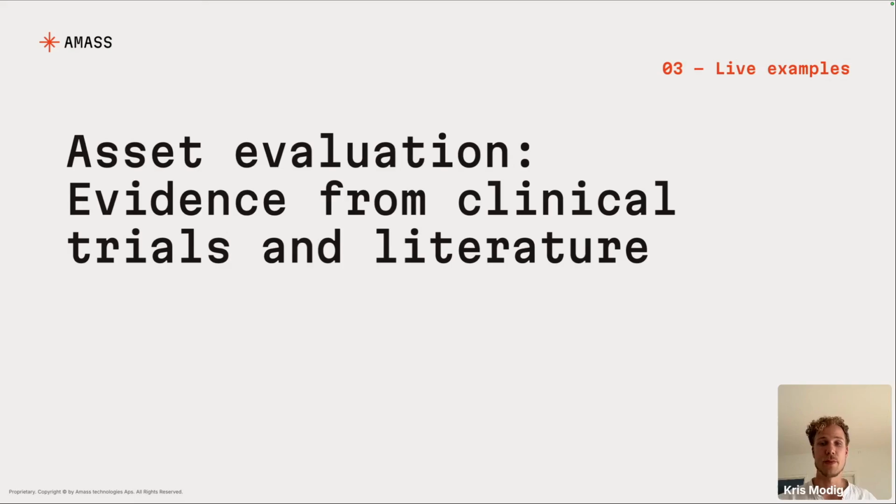So it's a biologic asset for Alzheimer's disease, targeting the amyloid beta precursor protein. Basically, this went through around a decade of trials, and it was developed by Roche, but not marketed, actually. It failed the phase 3 trials in 2022.